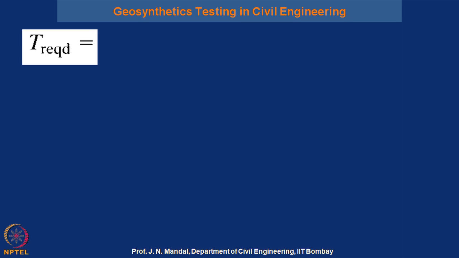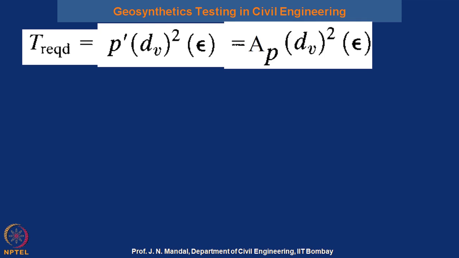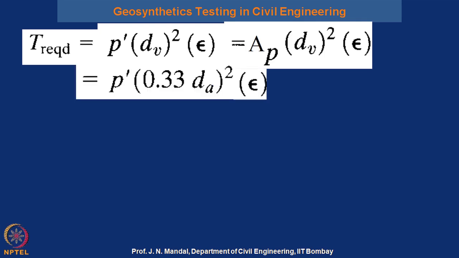You know what the required grab strength equation is: T required is equal to AP into dV square into epsilon. Here dV means 0.33 times dA. So, this is AP into 0.33 dA, this whole square, into epsilon.